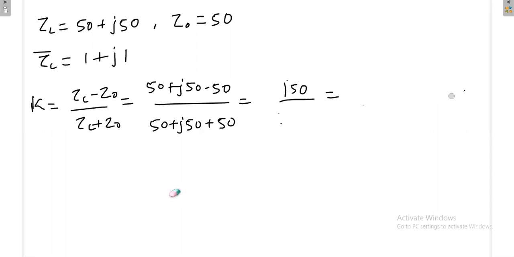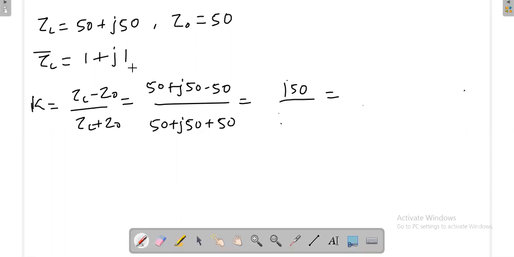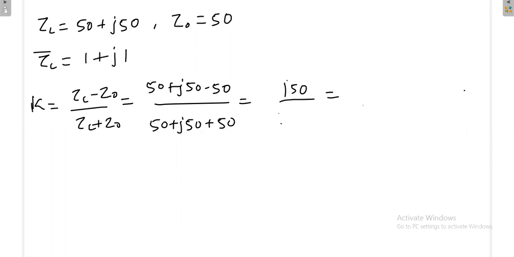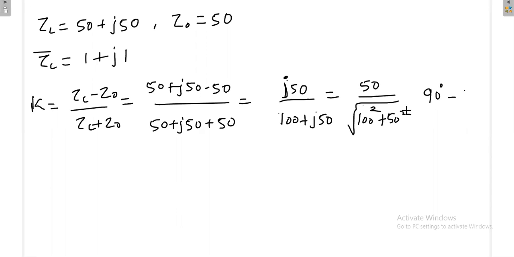If anybody has a calculator, please calculate and tell me. This is J50 divided by 100 plus J50. First I'll write the magnitude: it is simply 50 divided by the square root of 100 squared plus 50 squared. The angle is 90 degrees minus tan inverse of 50 divided by 100.